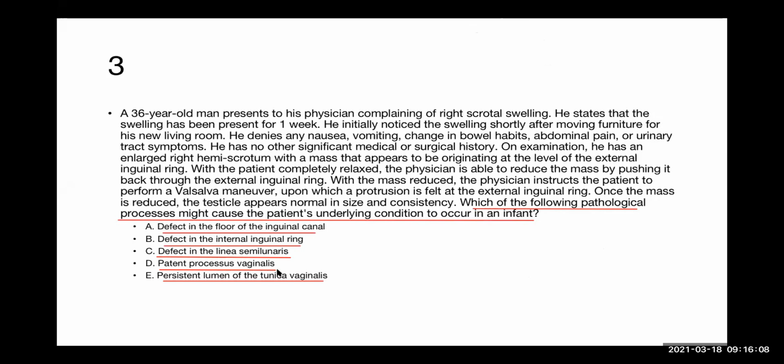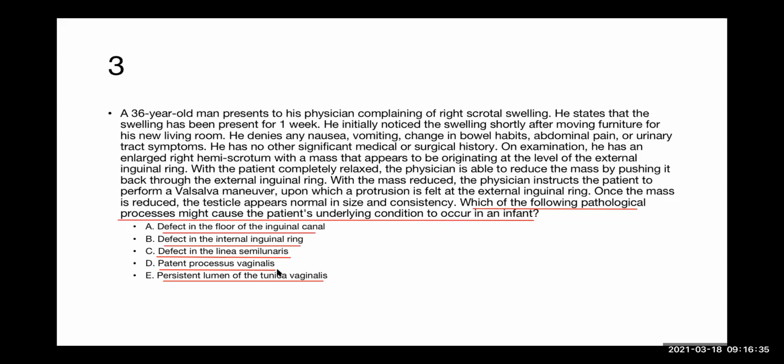Now, the processus vaginalis is a part of the peritoneal membrane which descends downward along with the gubernaculum. Remember, the gubernaculum is a fibrous cord attached to the testes, and because of this gubernaculum, the testes descend downwards.